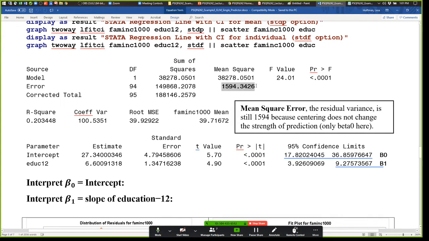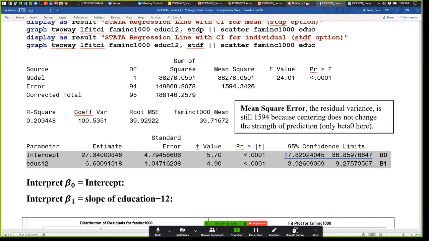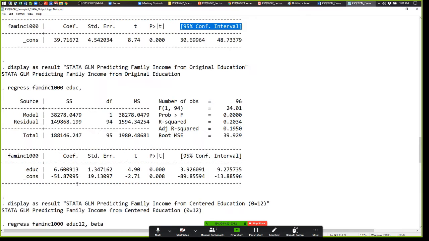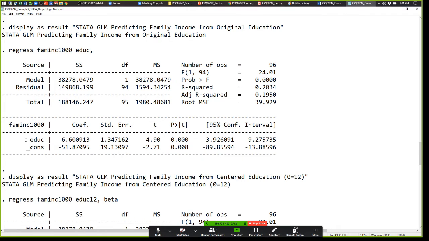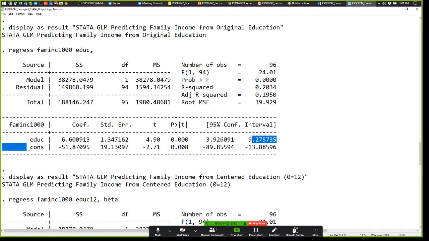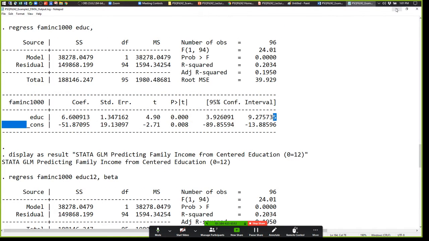What's the residual variance now, which is still your mean square error, and then your two fixed effects, the intercept and the slope. So it's the slope of the quantitative predictor. In Stata, they're in the opposite order. So it lists, for instance, the slope of education first, and then the intercept last. Otherwise, everything is exactly the same.